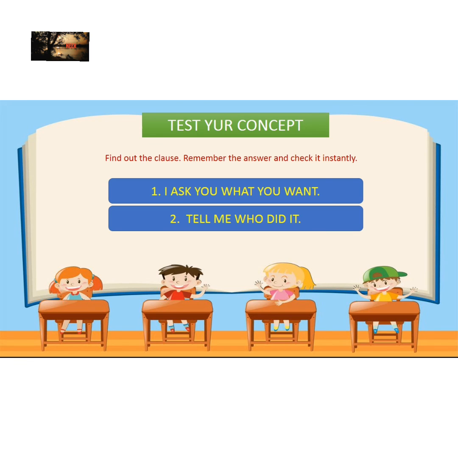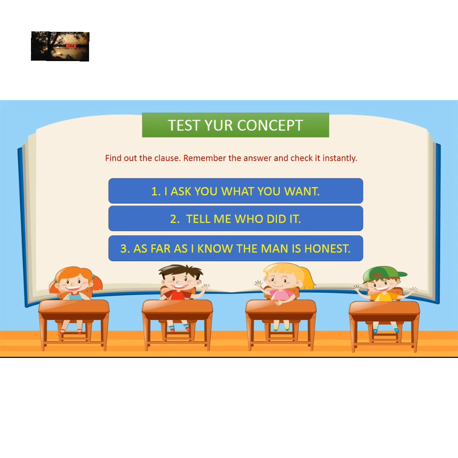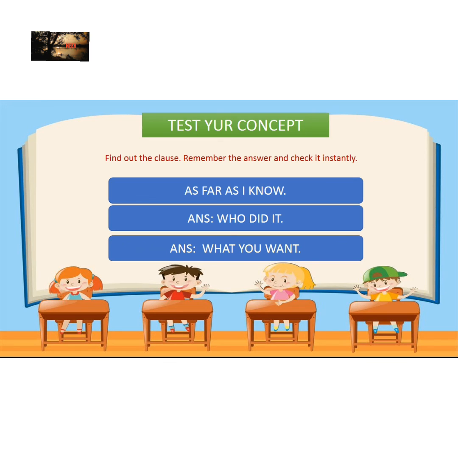And the third one is, as far as I know, the man is honest. Now find out the answers and remember them. Take them. First one, as far as I know. Who did it is the second one. And the third one is, what you want.